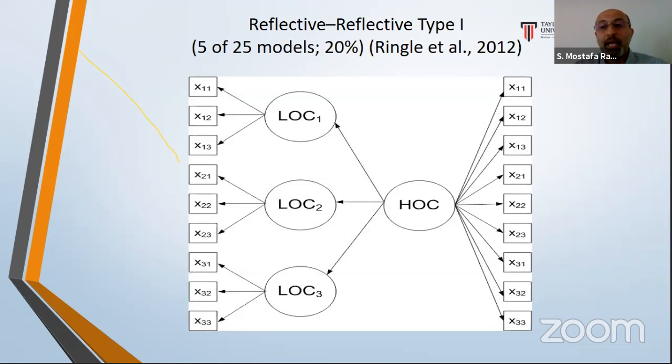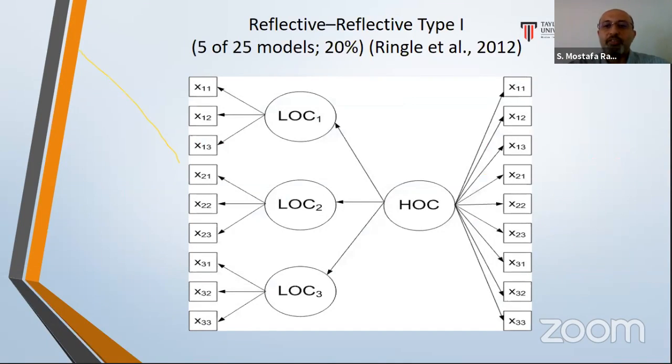But actually in PLS, to create any variable, any construct, we need at least one item. So what should we do for a higher order construct in PLS? Later we will discuss this one. There are some methods for this issue, right? But before that, it's good to review different types of higher order construct, here second order construct, that can happen in our framework.